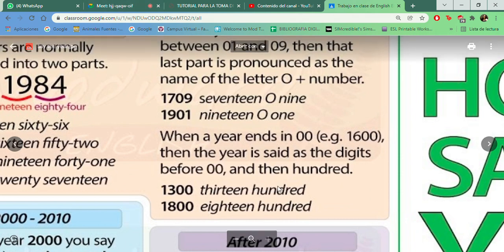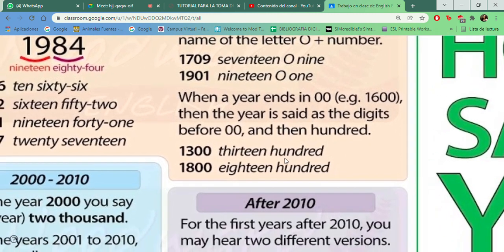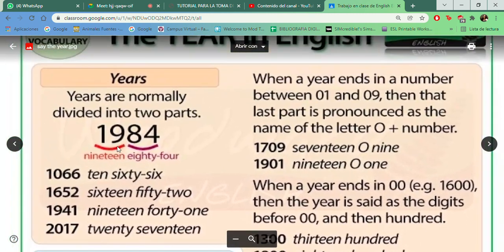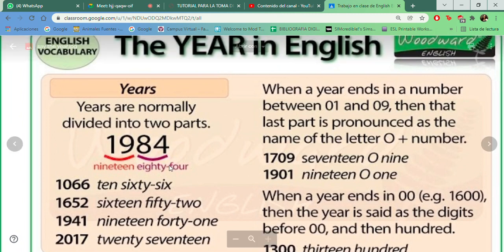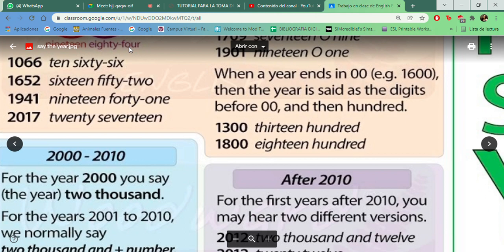¿Cuál es la forma más común en la que se habla? The most common one, after 2000 you divide into two parts. That is the common way to say. After 2010 you say 2012, 2013, 2014. It's common.